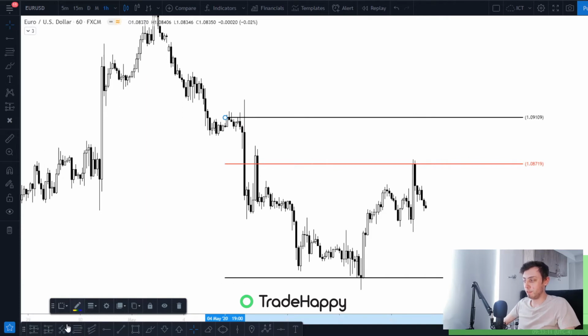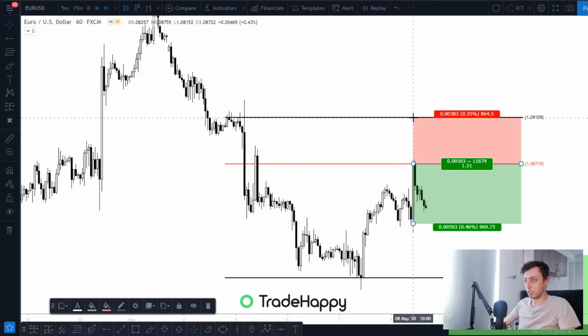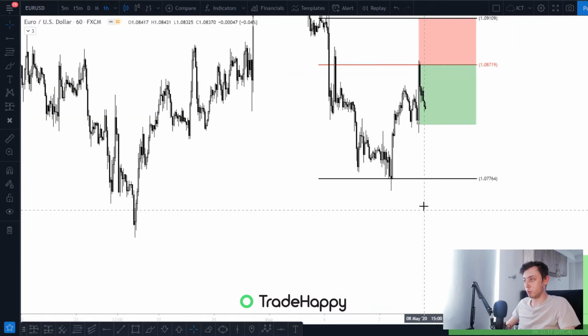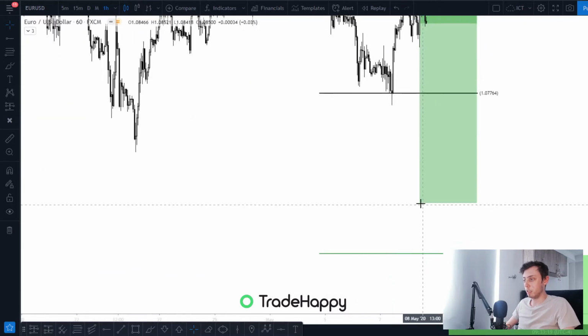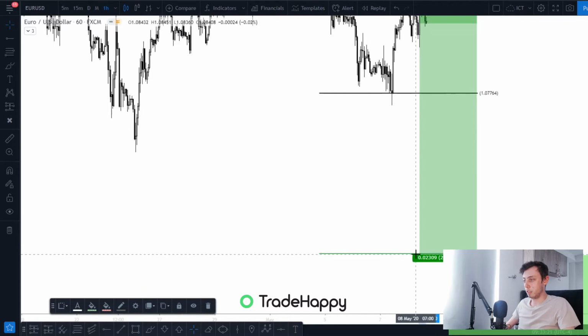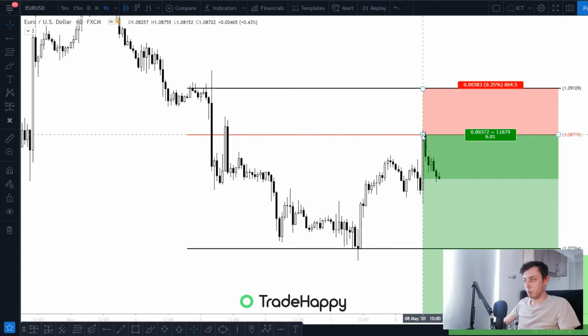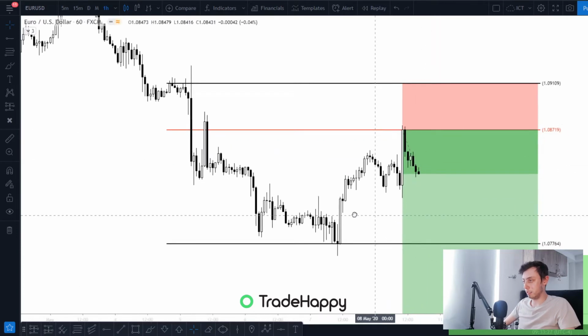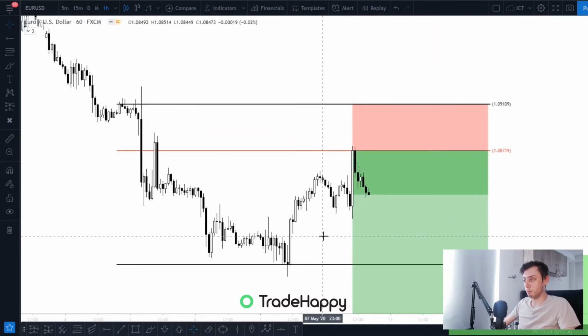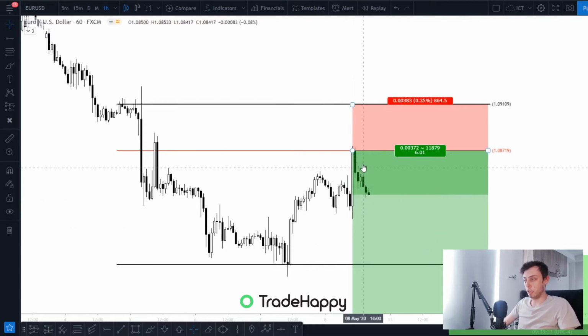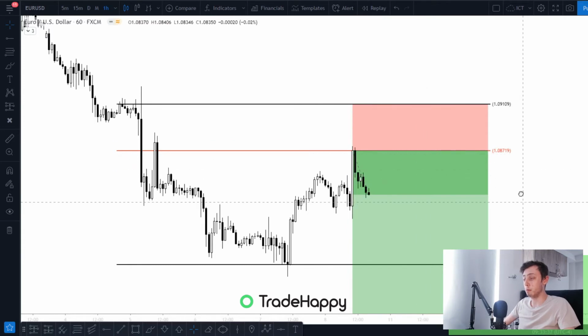So if you were having a look at the charts, you could have seen this setup here and you would currently be in profit, which will move down. So you would have entered here and you wouldn't have moved your stop loss to break even yet, just because we haven't got far enough away from your entry yet to actually move the stop loss.